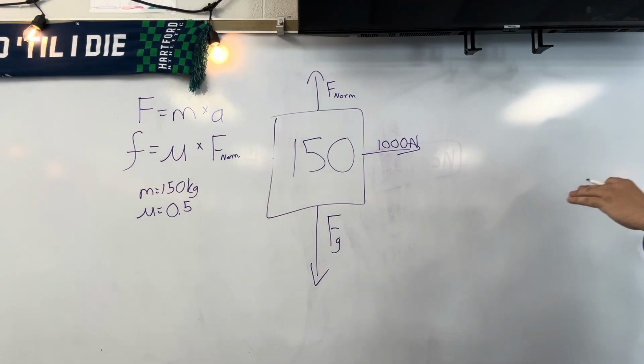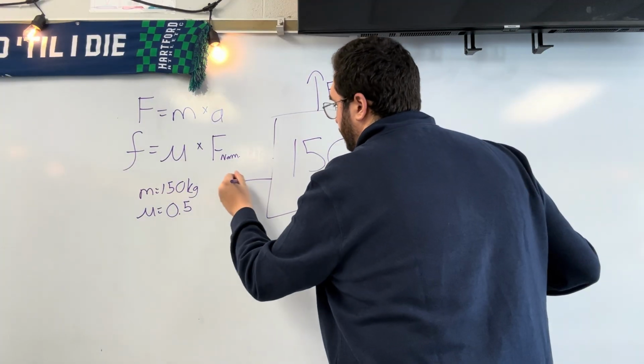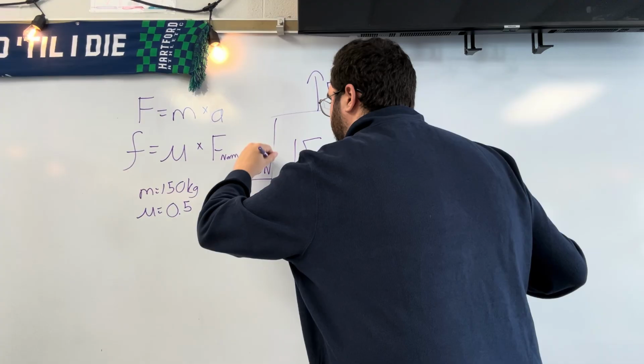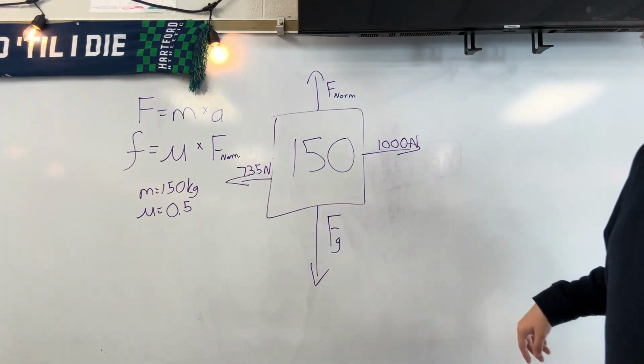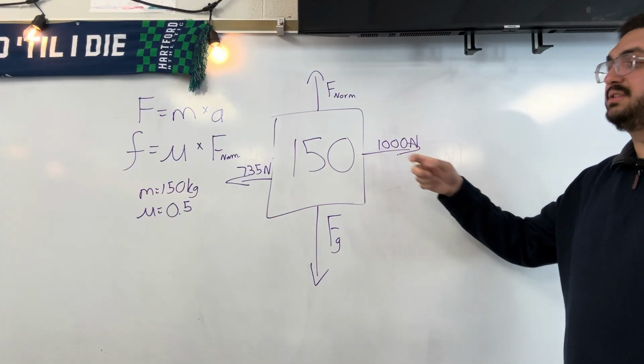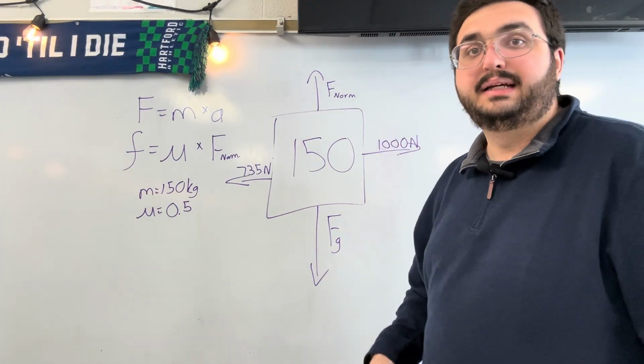Now, my free body diagram here is not done yet. There is still the force of friction. And that's still 735 newtons. Now, I've had a few students already try to just use this 1,000 newtons to figure out acceleration. And that is not correct. Here's why.